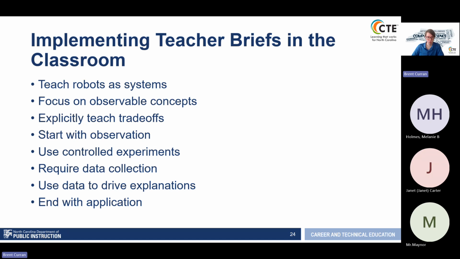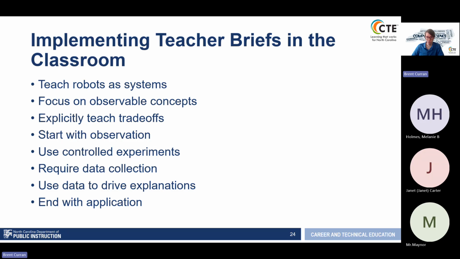So implementing teacher briefs. This tells us that we need to teach robots as systems. So continuously connect structure, power, and mechanisms when analyzing the build. Focus on observable concepts. So emphasize what students can see and test, not the formulas.